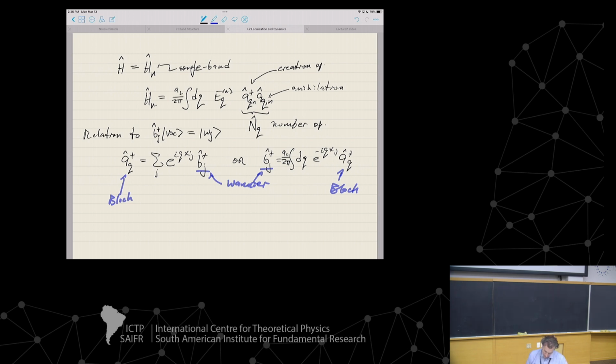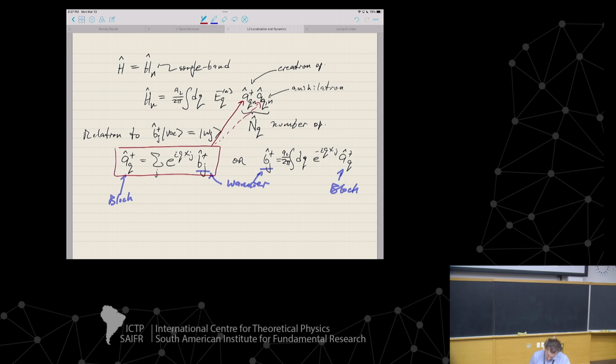So when we do that, what we want to do next to find out how Wannier states behave is take this expression here, substitute it into here, and then take its complex conjugate and put it there. And so what are we going to have? We're going to have two sums over sites and one integral over Q, and we'll have another form for the Hamiltonian. So let me just write that out for you.